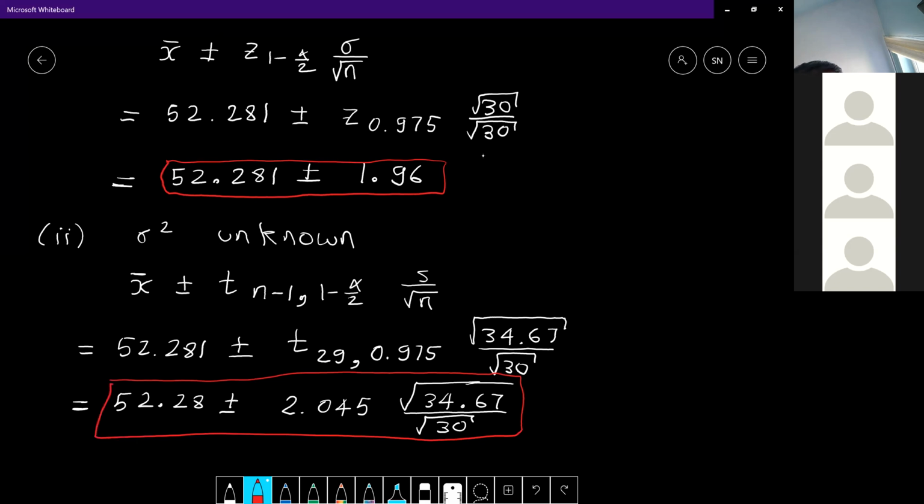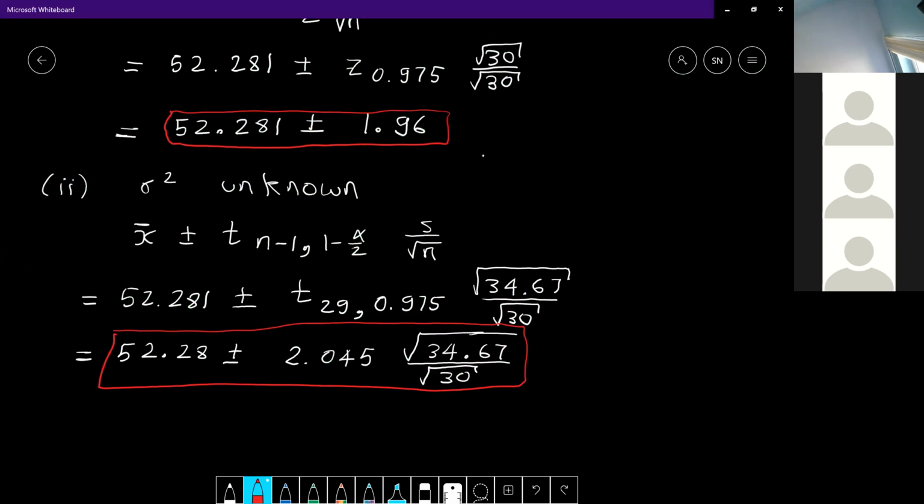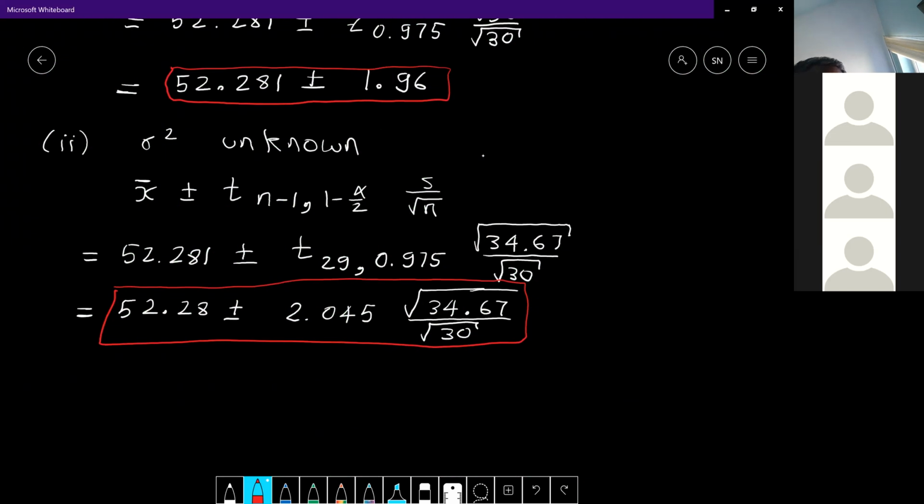Right? And another part of question number 2 is asking you to find the confidence interval for sigma squared. So what I have written here is the CI, the confidence interval for mu.